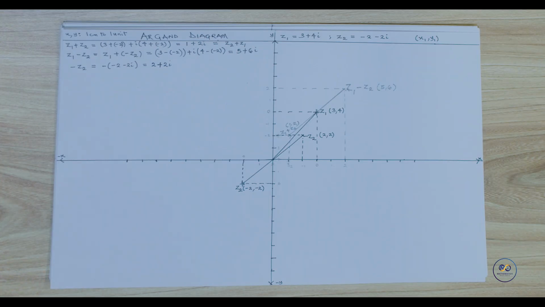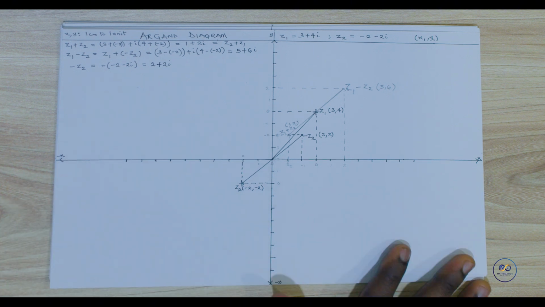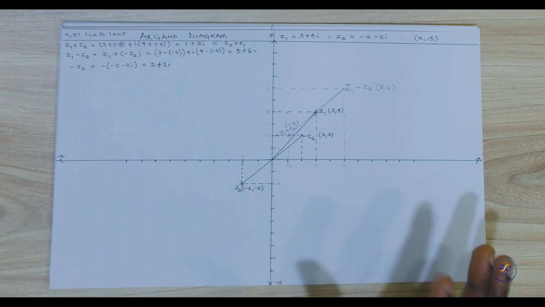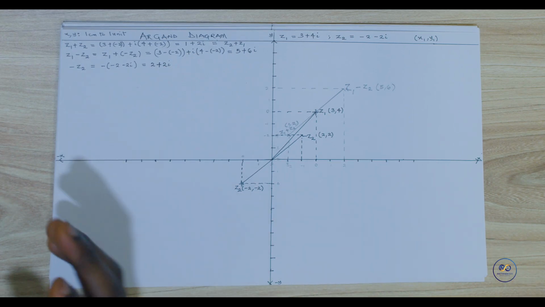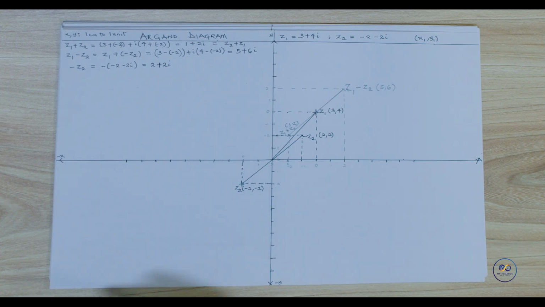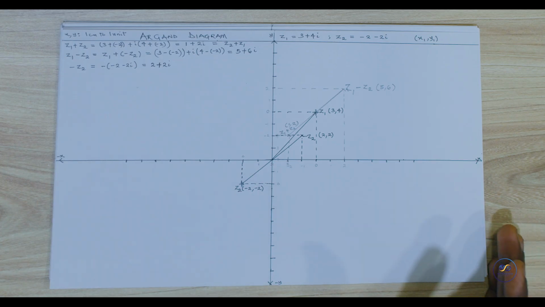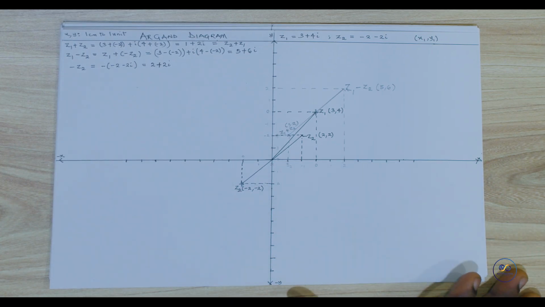Now that we have looked at how the Argand diagram is utilized, in our next video, we will discuss the concept of the modulus and the argument, as well as how to utilize the modulus and argument in converting algebraic forms of complex numbers into the polar form as well as the exponential form.